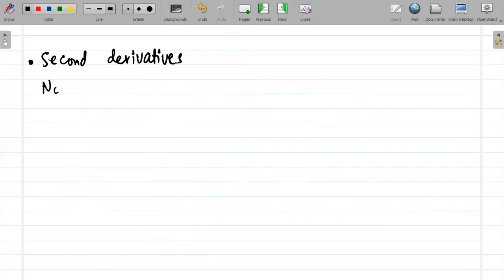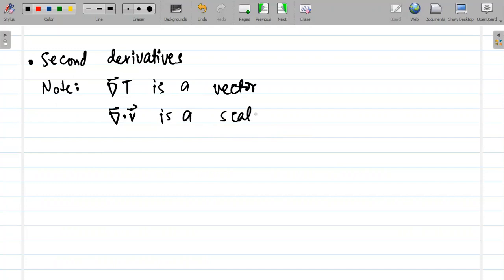Again, class, recall natin yung inaral natin kanina, that the gradient is a vector. Ang result niyan ay vector. Ang divergence ay scalar. And ang ating curl ay vector.